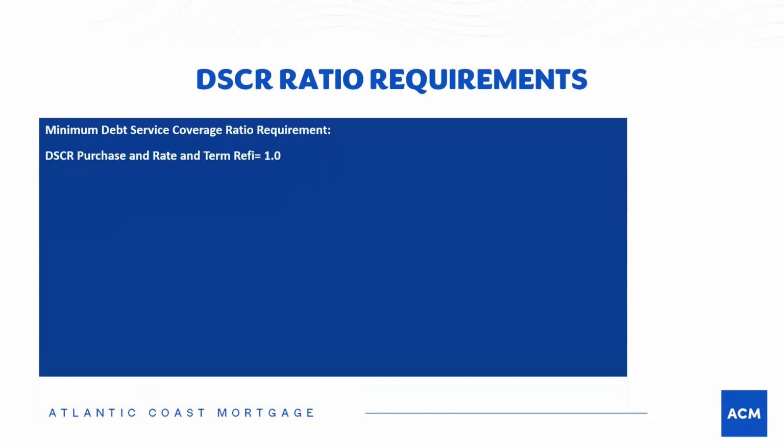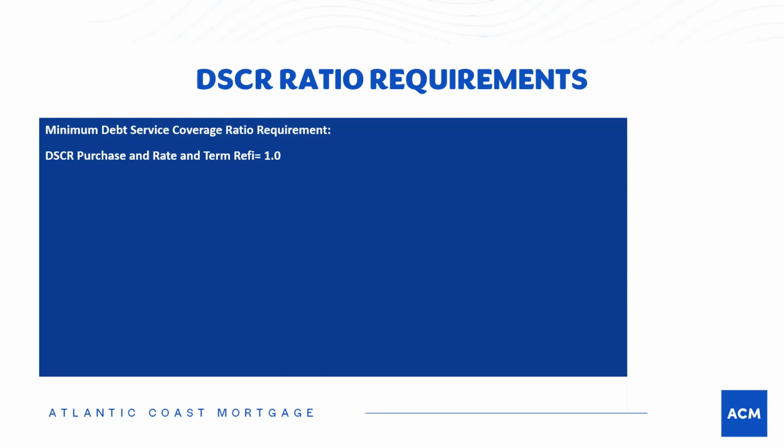For a purchase and a rate and term refinance, it has to be 1%. So what does that mean? It means they're going to be qualified just based on this ratio. For instance, let's say someone's buying a house and putting their money down, and the loan amount is going to be 250,000, and that payment is going to be, let's just say, 2,200.